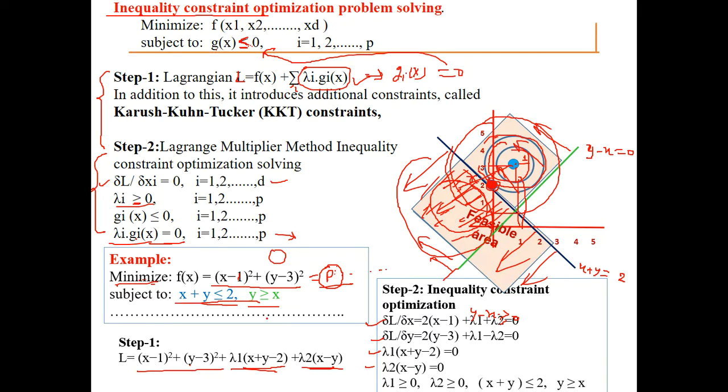Apart from that, the existing constraints also will be there. Now try to solve these equations by the elimination method or substitution method. Then you will get the solution x equals 0, y equals 2.